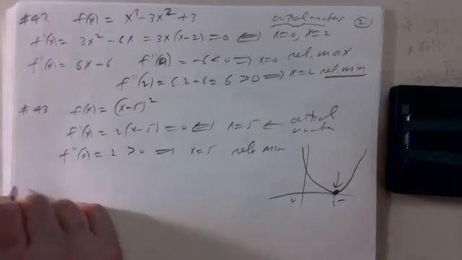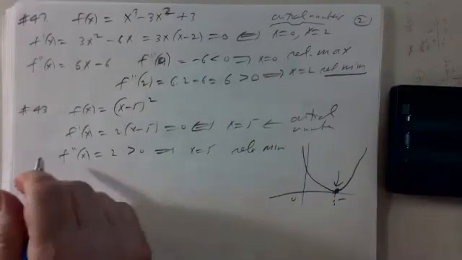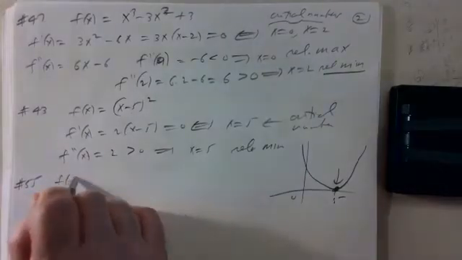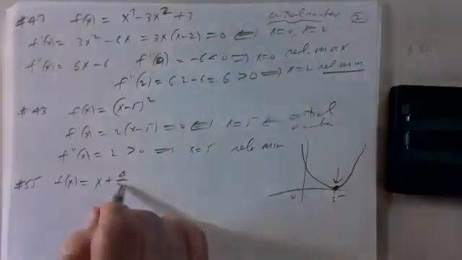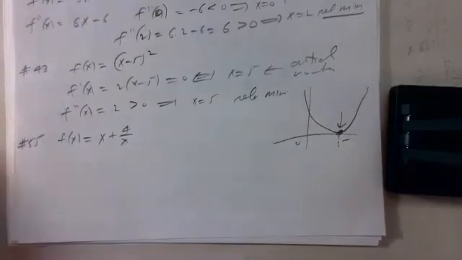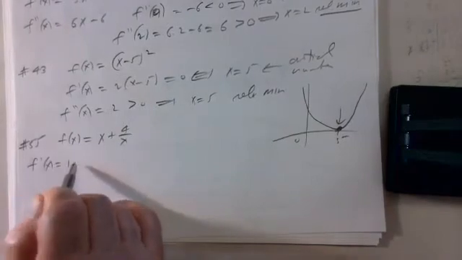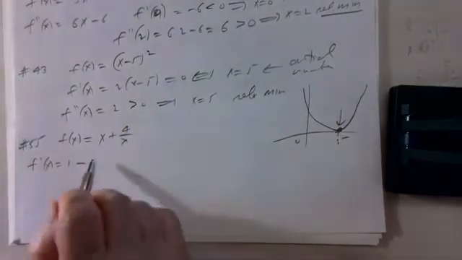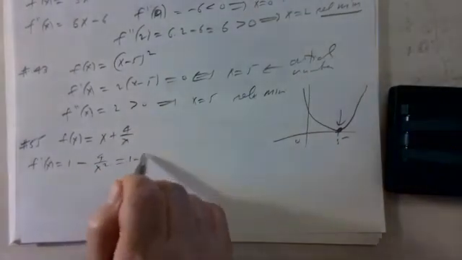Let me do one more because these are important. Number 55, it's not one of the homework, but it's a nice looking problem. f of x is x plus 4 over x. So what can we say about the relative extrema? The first derivative is 1 minus 4 over x squared, or 1 minus 4 times x to the negative 2.